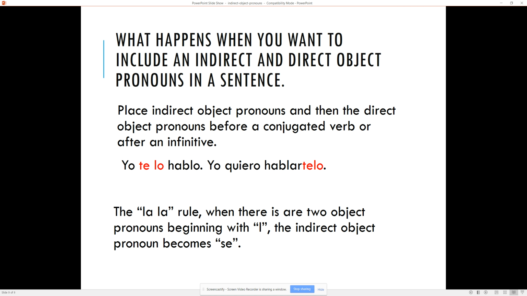If I wanted to speak to him about it, I would say, yo se lo hablo, or yo quiero hablárselo. We can't have two L's together. It can be a little bit confusing. However, I think once students can do both individually, they will be able to do both together very easily.